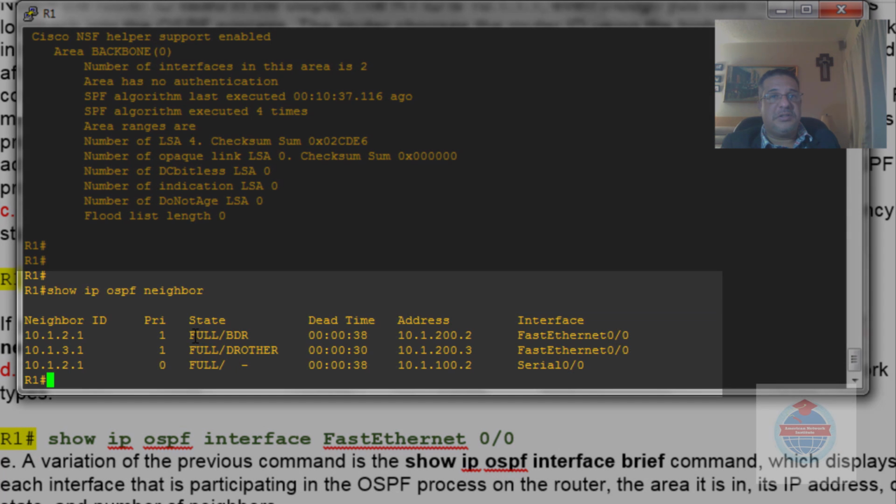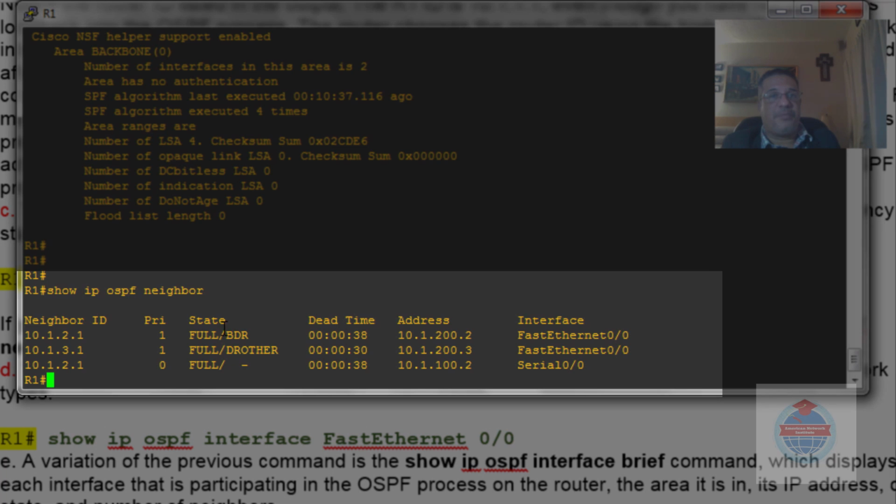Over here, the state of each one of them says that router 2 is the BDR, the other is the DR other, so you're probably going to be the DR because that one is missing. Remember that OSPF takes the information and puts it on the DR and BDR when all the routing tables are located.